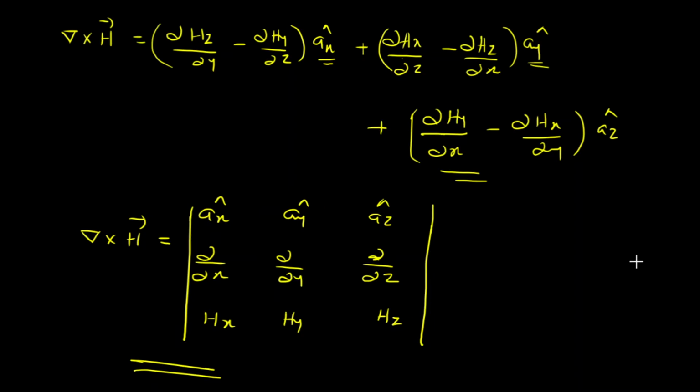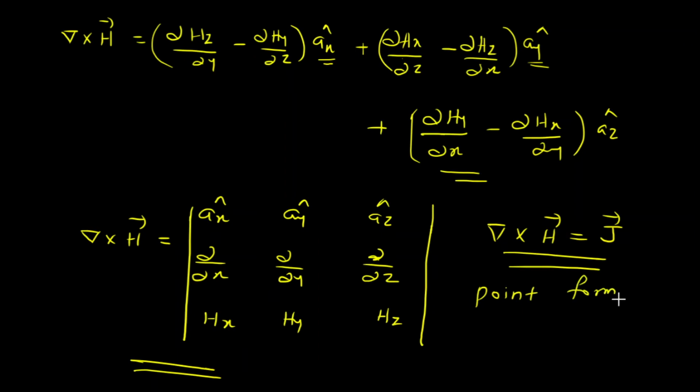And one more point I need to add here: the result curl of h equal to j, which we got, is also known as the point form of Ampere's circuital law.